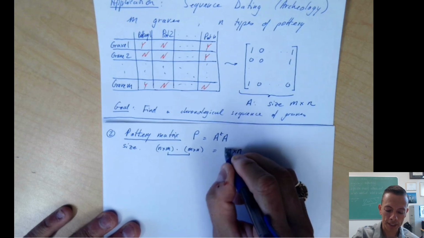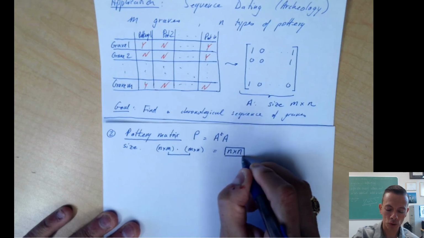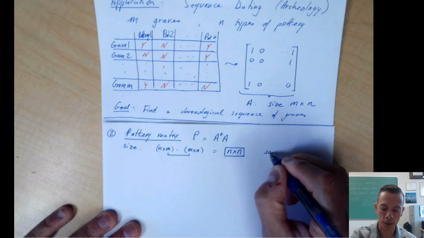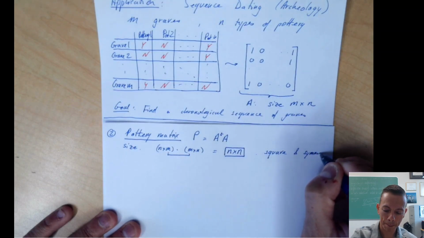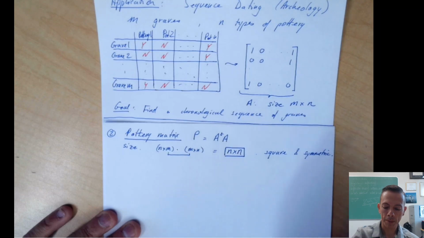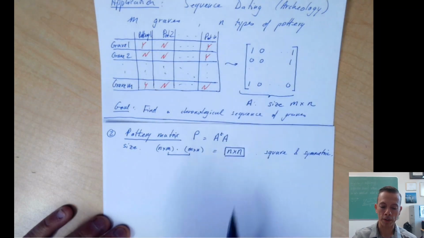The final size is n by n. So once again, this matrix is square and symmetric, but the number of rows and columns now is the number of types of pottery.